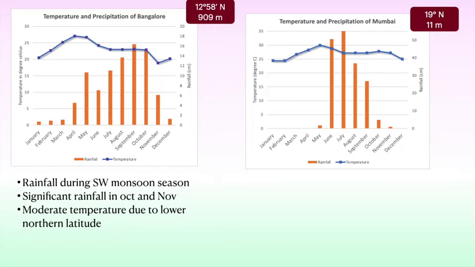Temperature is moderate due to the lower northern latitude. As Bengaluru is located on the southern side of peninsular India, temperature is somewhat moderate. There is not much fluctuation in the temperature across different months.